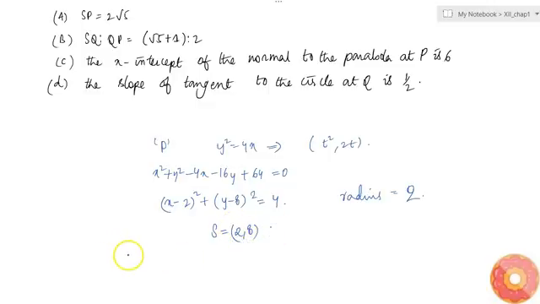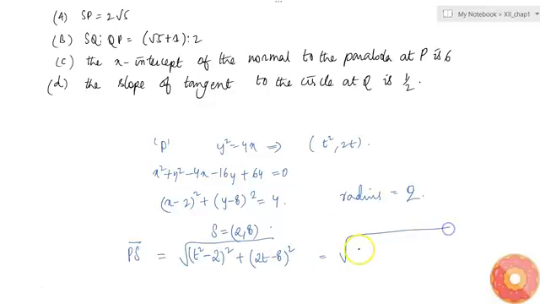So the distance of point P from center S, PS, we get as square root of t square minus 2 whole square plus 2t minus 8 whole square.